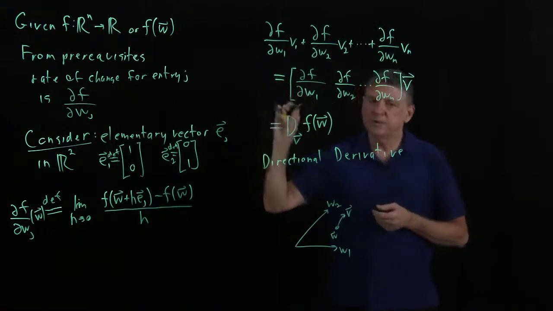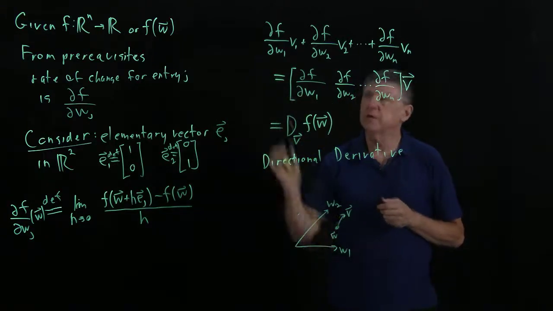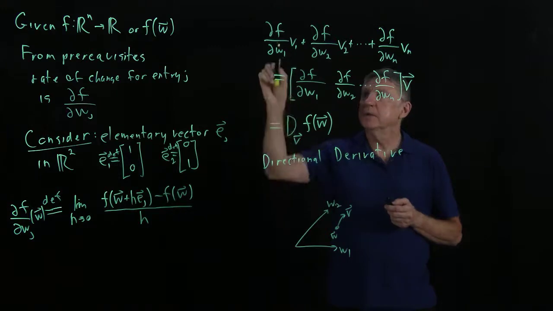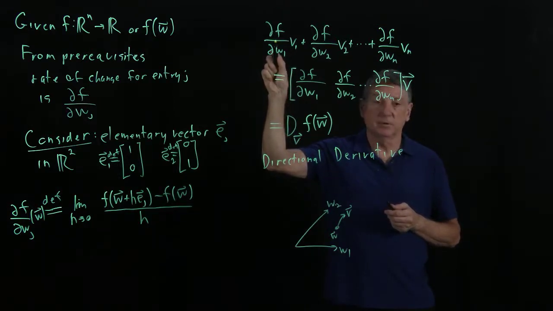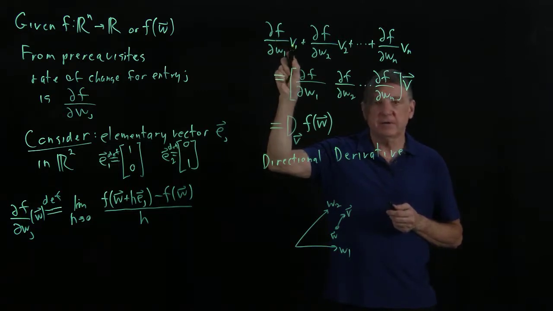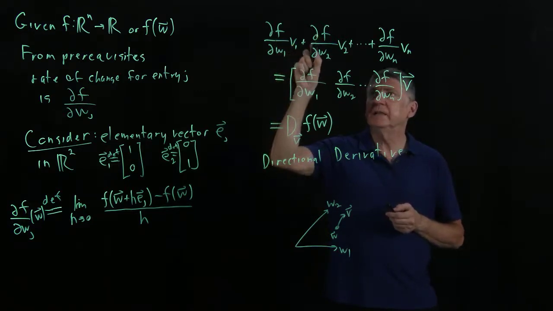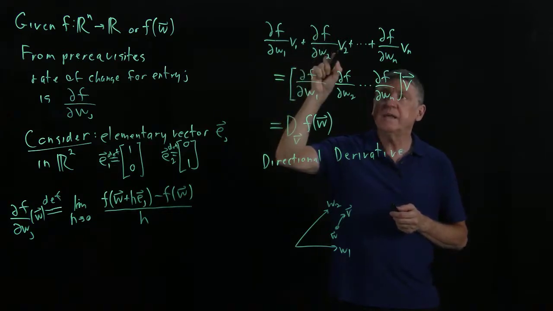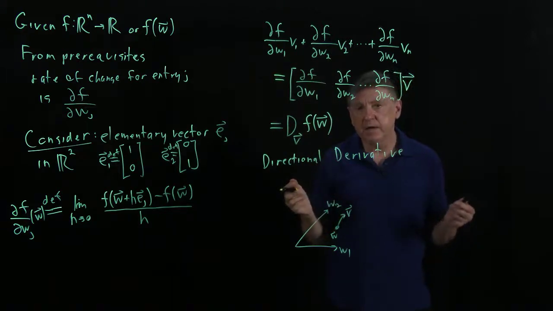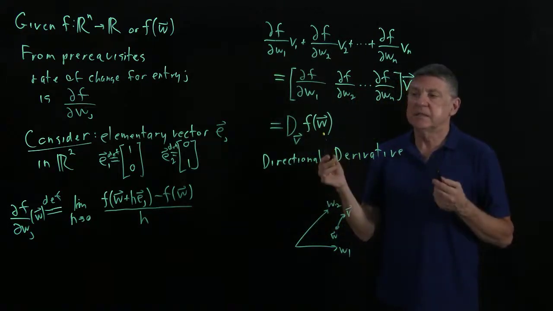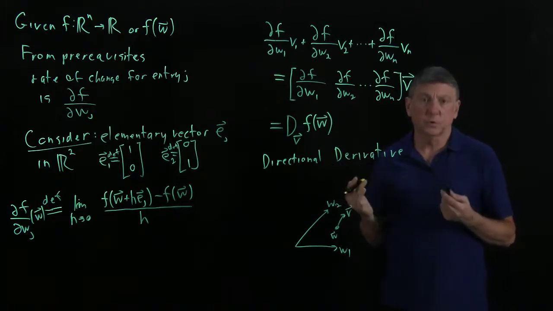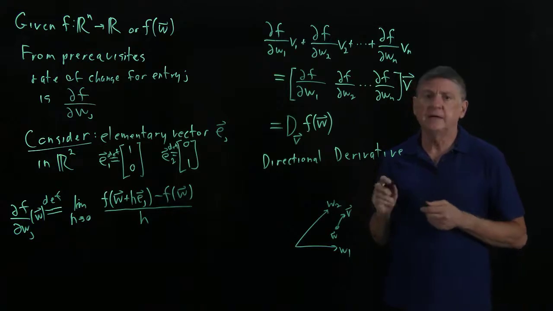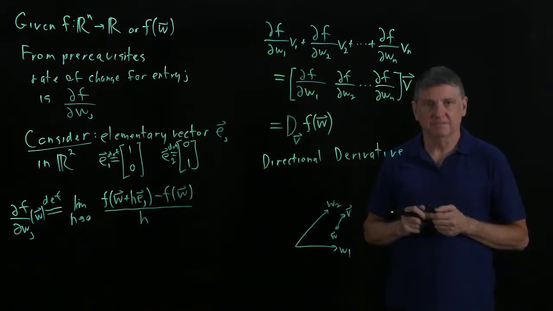You can think of it as a weighted sum: we take the partial derivative of the function in direction w1, and we weight that by the amount in v. Then we add the partial derivative of f in the second direction, and we weight that by v. There are many ways that you can think of it, and the exact interpretation you have will depend upon you and how you think, and it'll also depend on the problem that you're trying to solve.